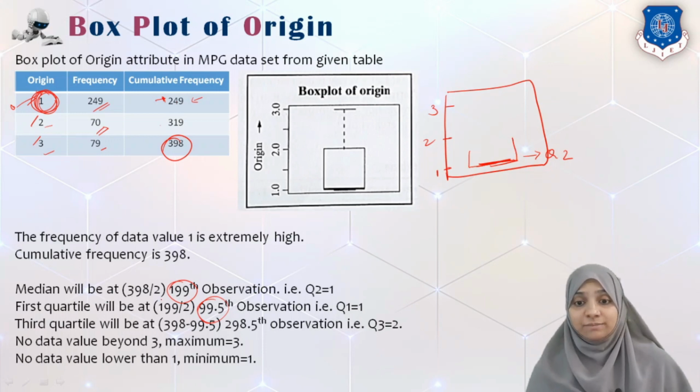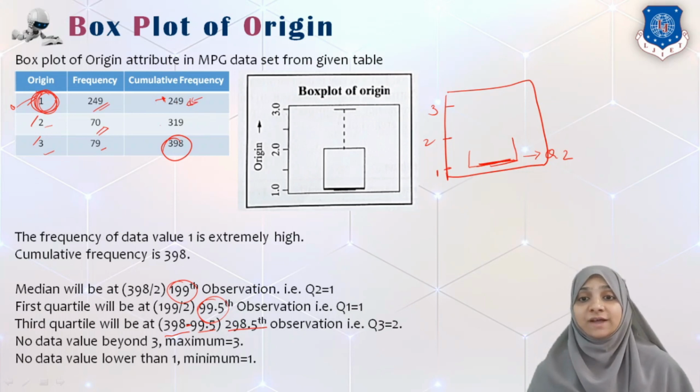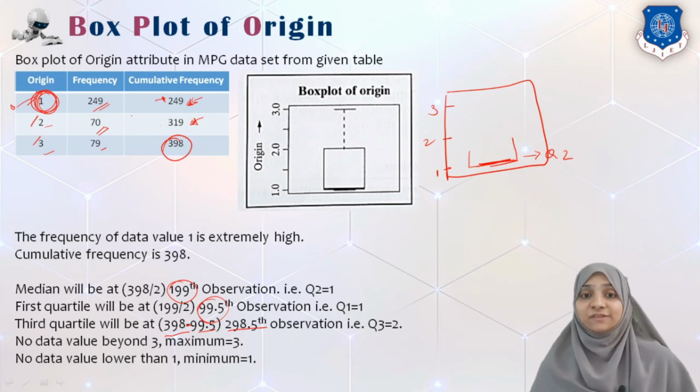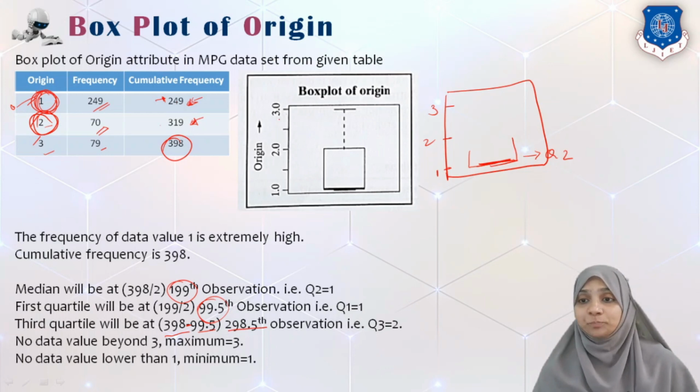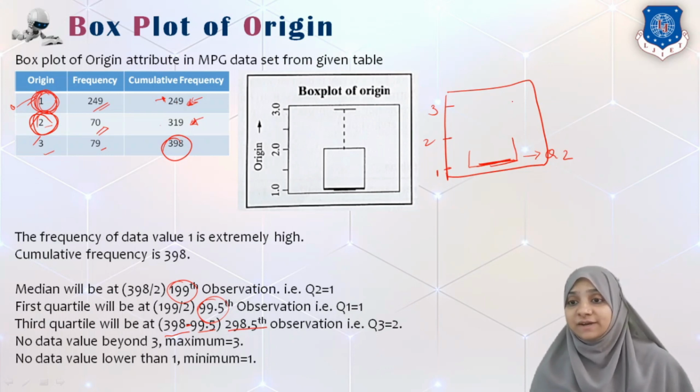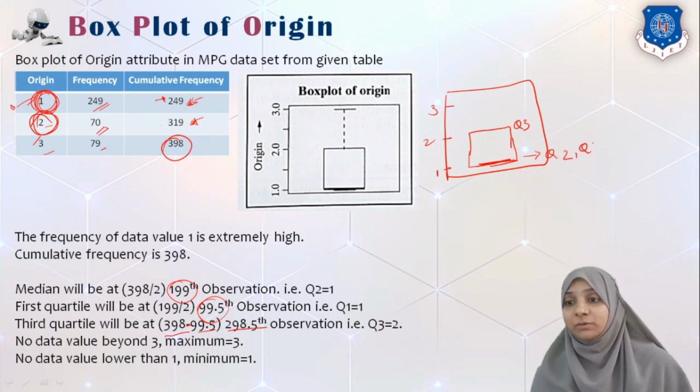The third quartile will be 99.5 lesser than 398, that is the 298.5th entry. So let me find out: 298, is it less than this? No. 298, is it less than this? Yes. So for quartile 3 we will have value 2. So my box that starts here at 1 will finish at 2, because this is my quartile 3. This is my quartile 1 also.